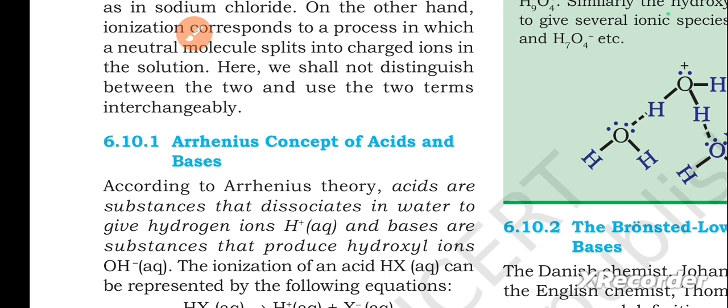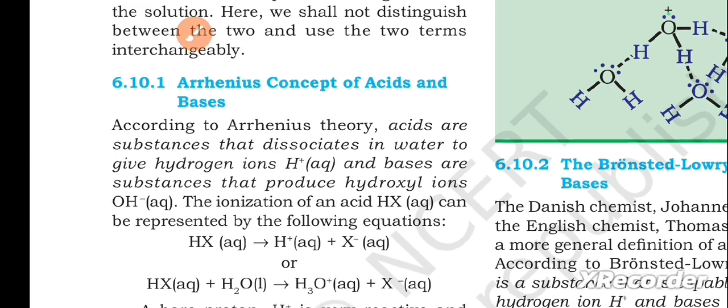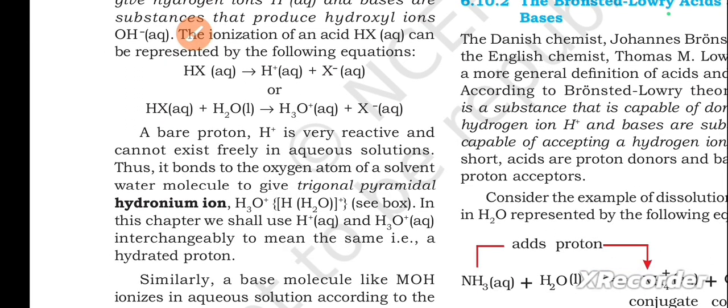Next, Arrhenius concept of acids and bases. According to Arrhenius theory, acids are substances that dissociate in water to give hydrogen ions and bases are substances that produce hydroxyl ions. The ionization of an acid HX can be represented by the following equation. A bare proton H+ is very reactive and cannot exist freely in aqueous solutions.